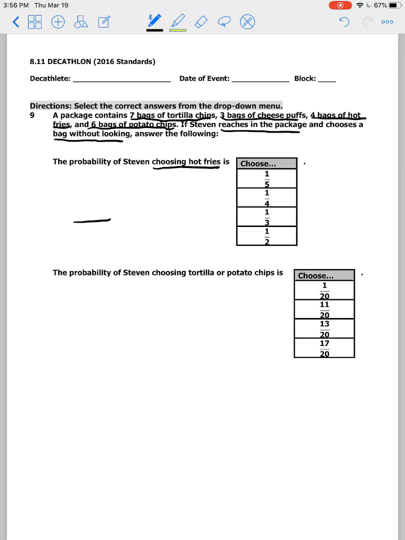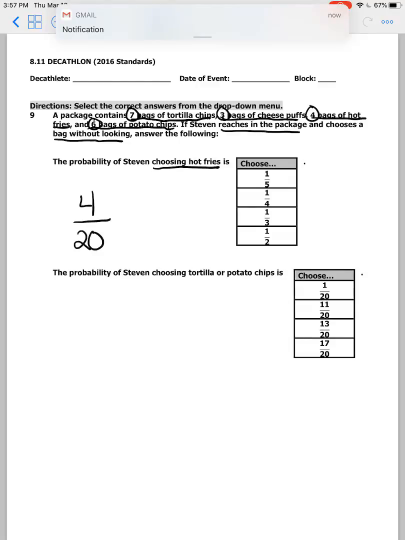So our desired outcome is hot fries, and we have 4 bags of those. So that's our numerator. For our total outcomes, we need to add up the total number of bags of chips. So 7 plus 3 plus 4 plus 6, that gives us 20.